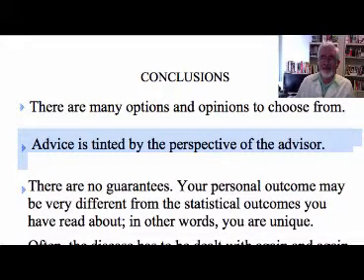Advice is tinted by the perspective of the advisor. This is very important because a surgeon will be inclined to give you one type of advice, and a radiation oncologist is inclined to give you another type of advice. And an oncologist who claims to be non-biased, as a matter of fact, is biased too, and that is reflected by the advice that he is going to give you.